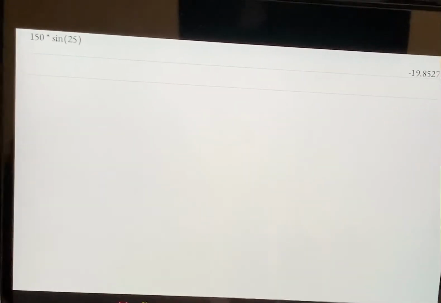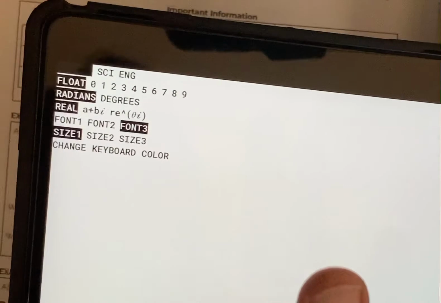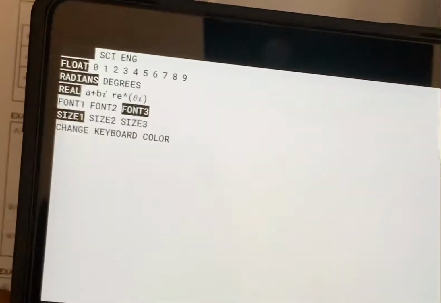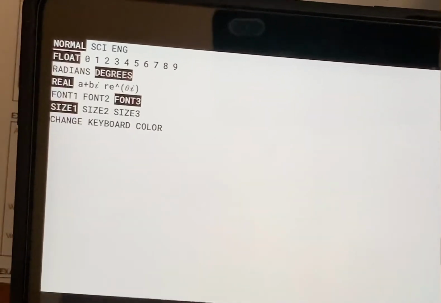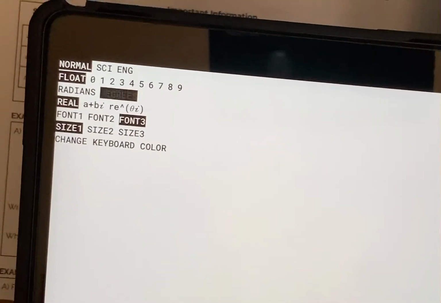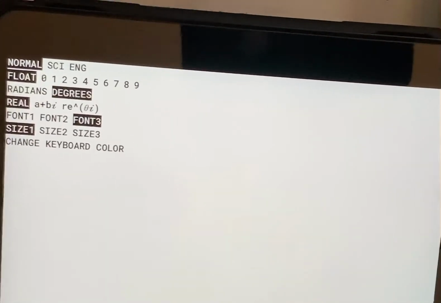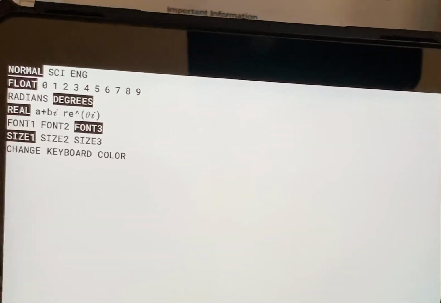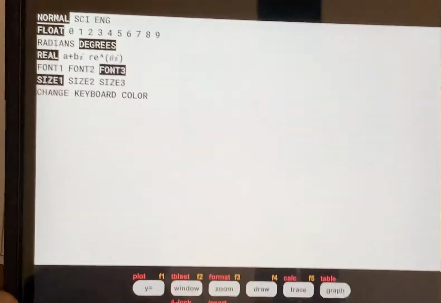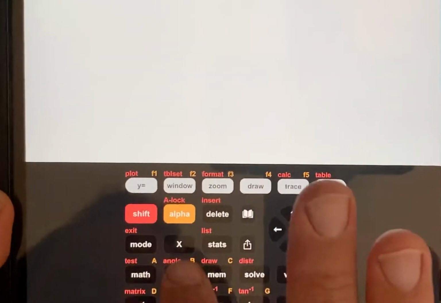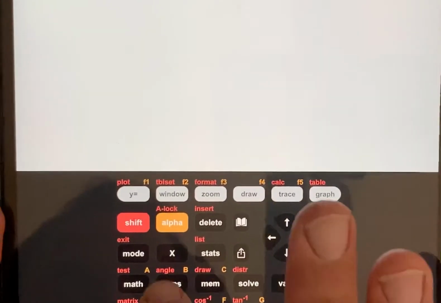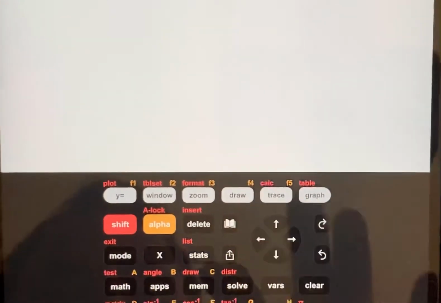It looks like my mode is off. So if you look here, my mode is in radians and I need it to be degrees. So always check your mode first and make sure you're in the right mode. So now as I go back and get to the regular screen, I need to quit out of this. So I'm going to press shift and then exit.